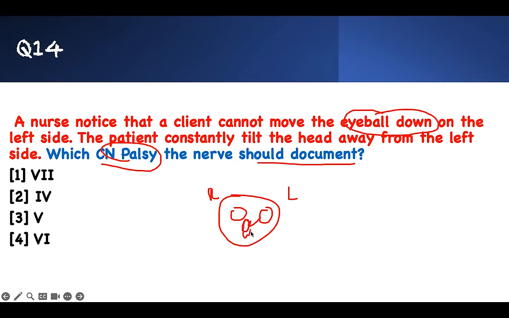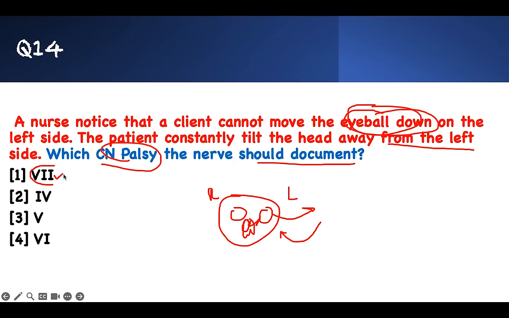So this is your nose. The patient constantly tilts the head away instead of moving it towards. First, there are keywords. Eyeball down. That means inward towards the nose. And the head is moving away from the left. So the patient is tilting the head away from the left.